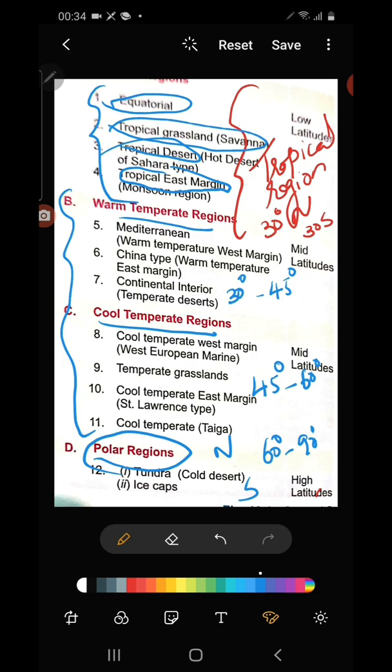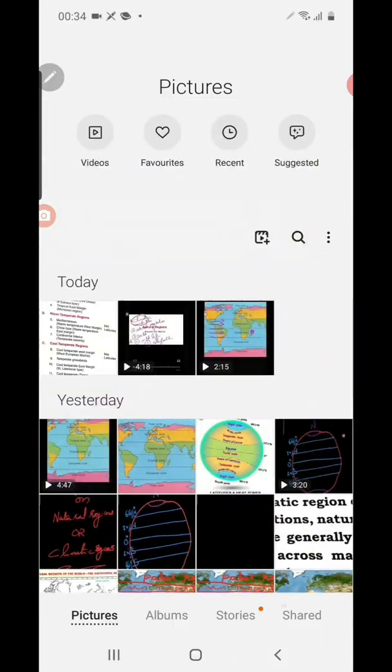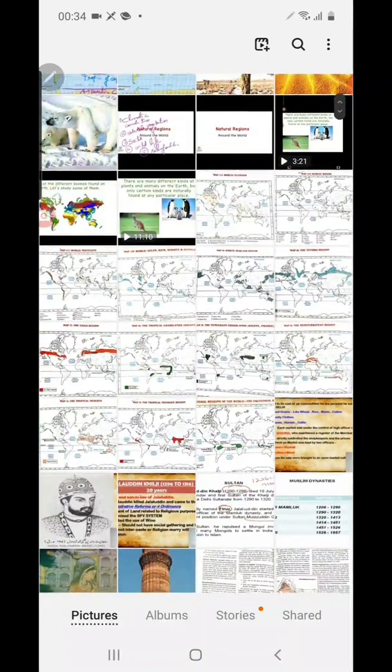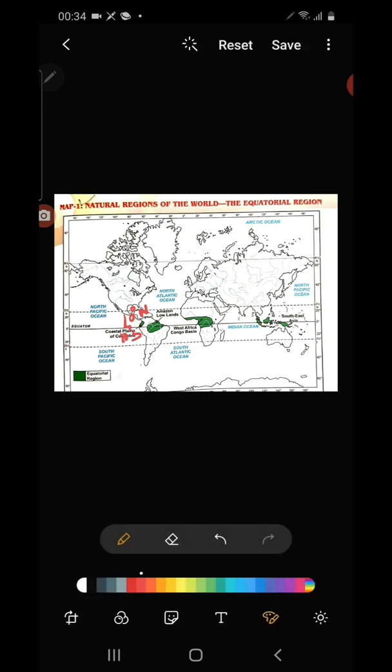Okay, now let us discuss first the tropical region. Let's see which important regions come under the tropical region with the help of a map. You see here the equatorial region, lying between the latitude of 10 degrees north to 10 degrees south.